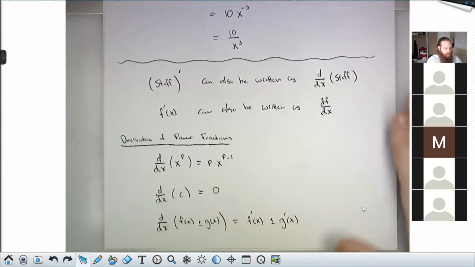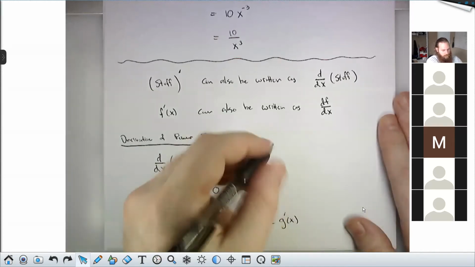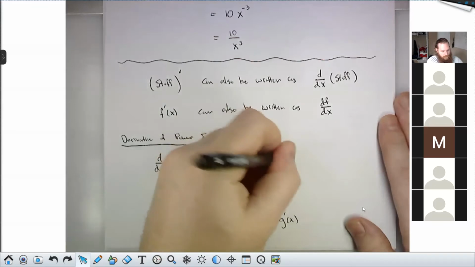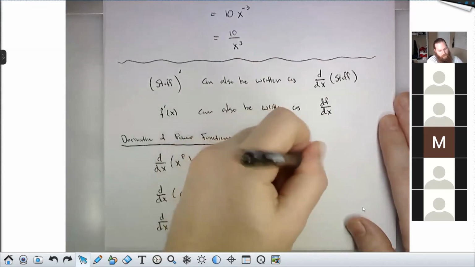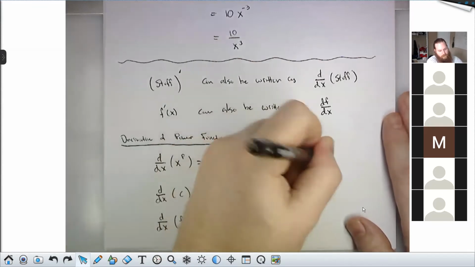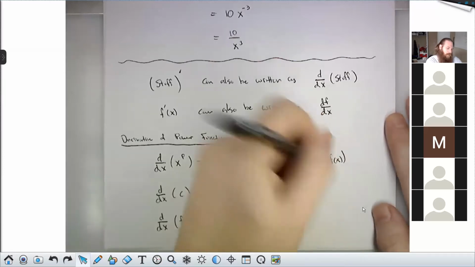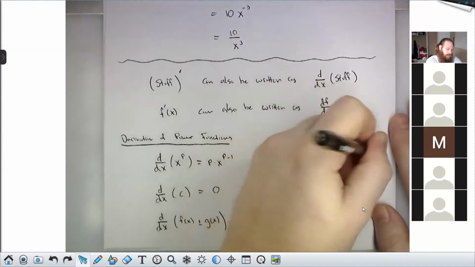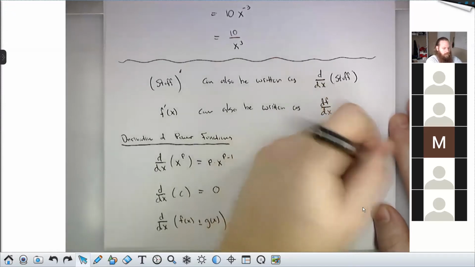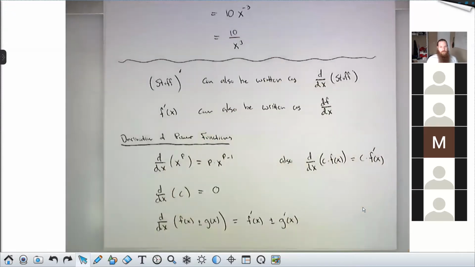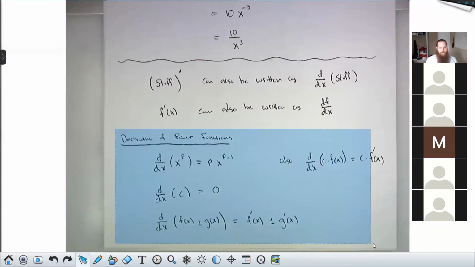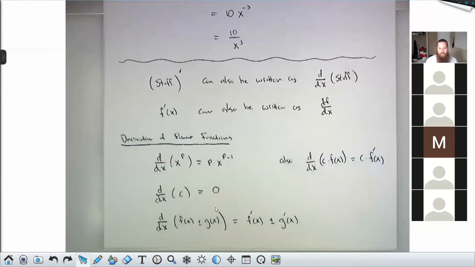And there was an extra thing we learned here: the derivative of a constant times your function is that constant times the derivative of your function. These are the same rules that we wrote down earlier, but expressed in this combination of Leibniz notation and prime notation.